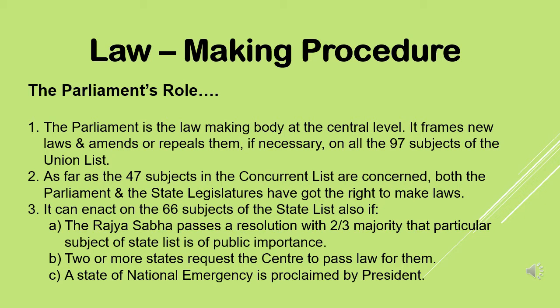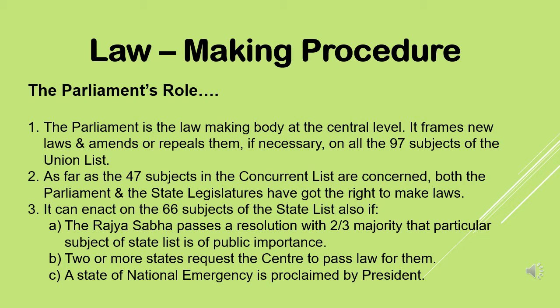Now, the state list. State list has 47 subjects, as we know, and in the concurrent list, the parliament and the state legislature both have the right to make the laws for the state. Parliament can also enact on 66 subjects of the state list if the Rajya Sabha passes a resolution with two-third majority that a particular subject of the state list is of public importance.